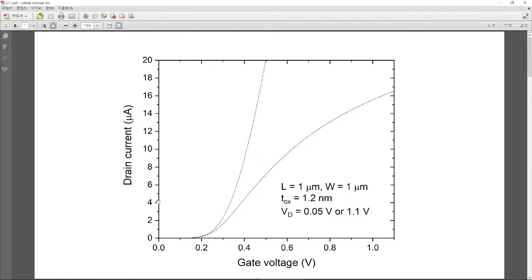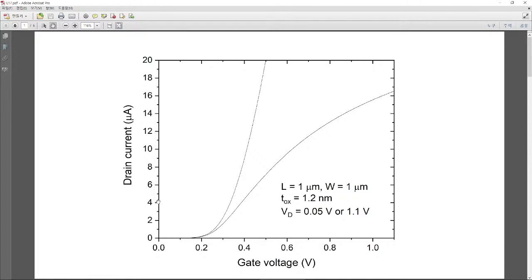Now you can clearly understand this is certainly turned off, and now this is turned on. And where do we have this switching behavior? Yes, around 0.2 or 0.25 volt. So in my opinion, the most important first step to characterize the MOSFET is to find out the threshold voltage. Sometimes even graduate students forget about that.